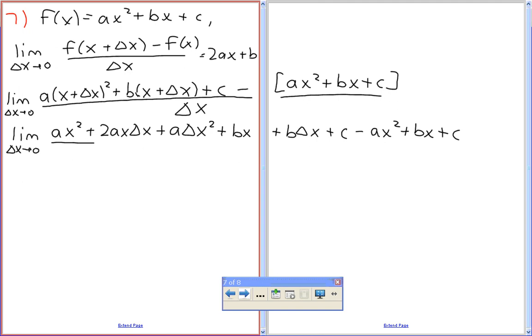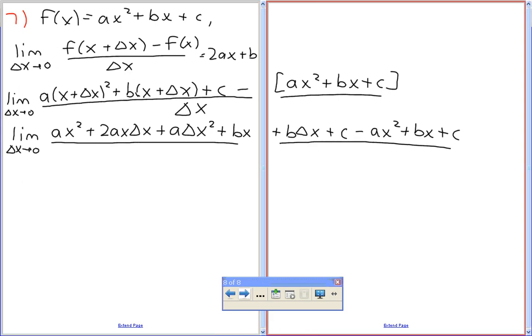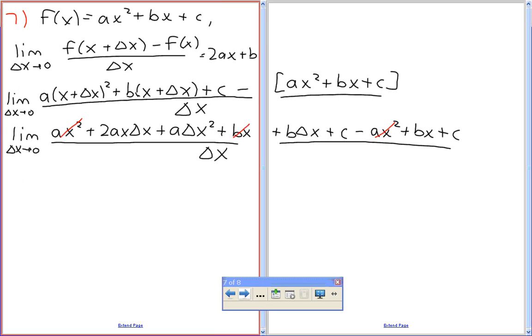All right, lovely. John, tell me what to do now, please. I'm going to do some awesome subtraction. Let's get rid of that ax squared, because that goes away. Good. Anything else? The bx is being subtracted from the other bx. I think c can go away too.